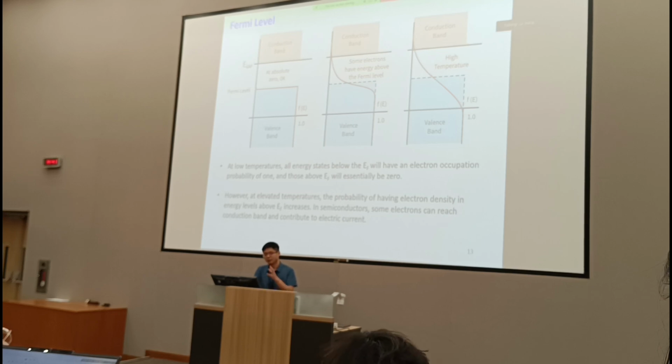This means that when you make your semiconductor hot enough, you can excite many electrons into the conduction band. These electrons will contribute to the free carriers that conduct electricity, making your material a conductor.